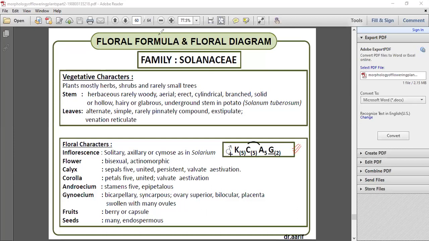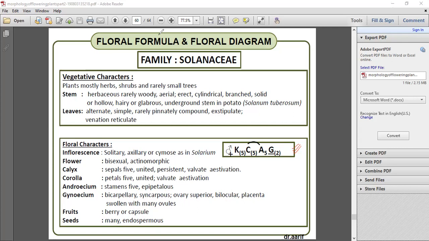Calyx, ma'am, has 5 sepals, sorry, 5 sepals, and fill in the calyx part. Closely look into K5 under bracket. What are you missing, Devanshi? Is there something that you are missing?